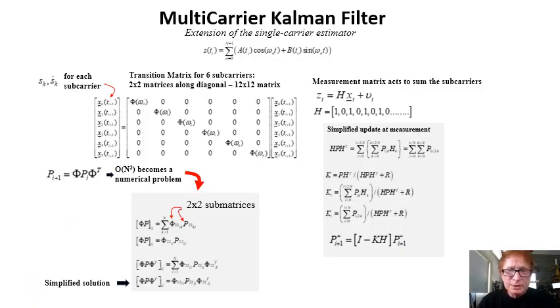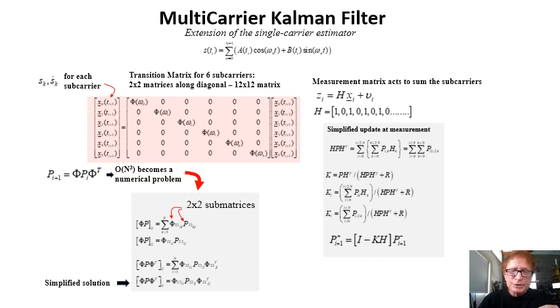We are now positioned to address the multi-carrier extension of the single carrier system design. And we will see that this is a very straightforward process with no loss of model fidelity. Because each of the subcarrier models is defined independently from the other subcarriers, the transition matrix will be seen to have a special form with 2x2 submatrices along the diagonal.